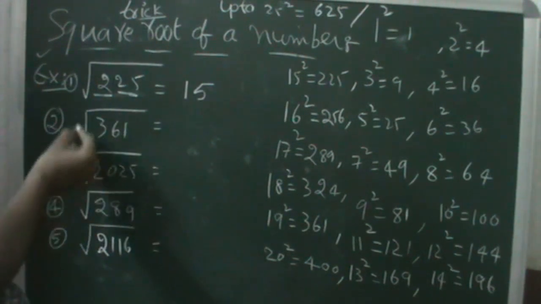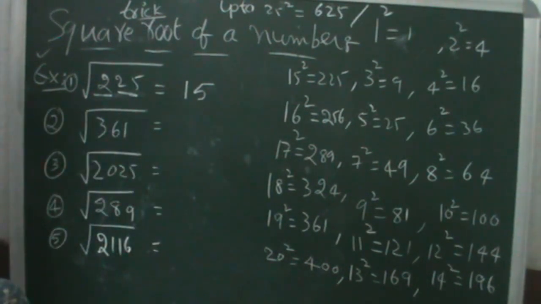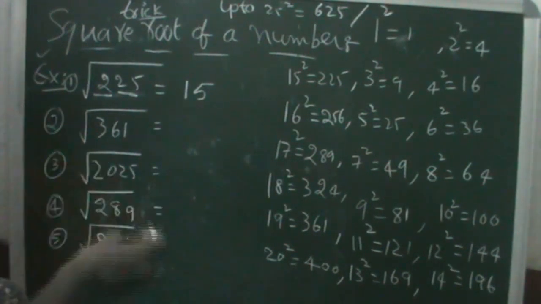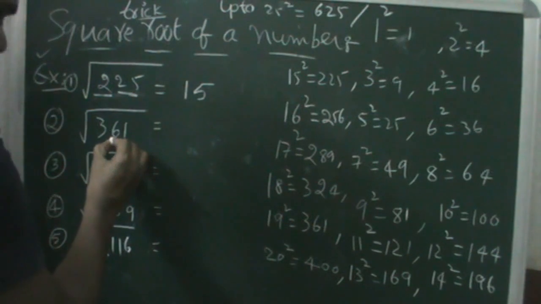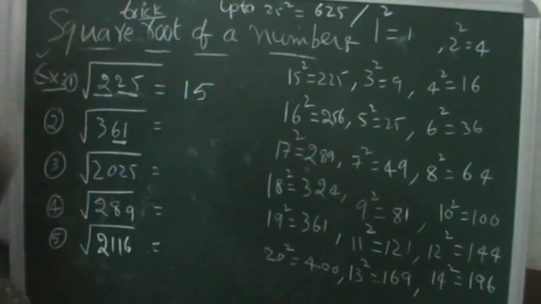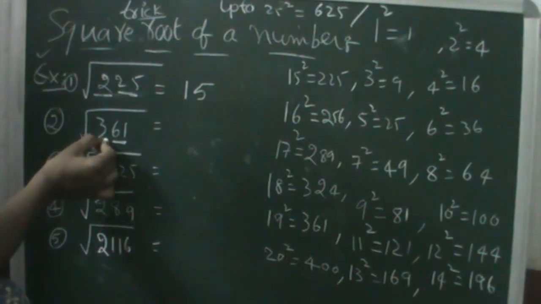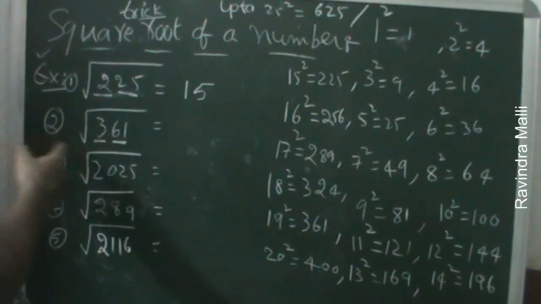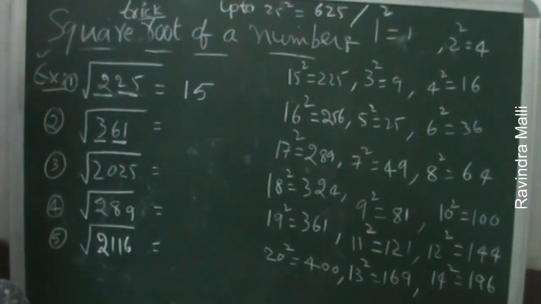Okay, and similarly you do the second example: the square root of 361. The first step is to separate the last 2 digits, and the remaining most significant part. Here the remaining part is only one digit, which is 3.